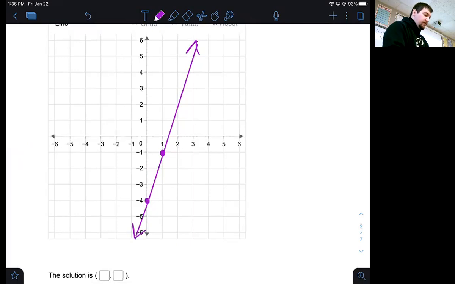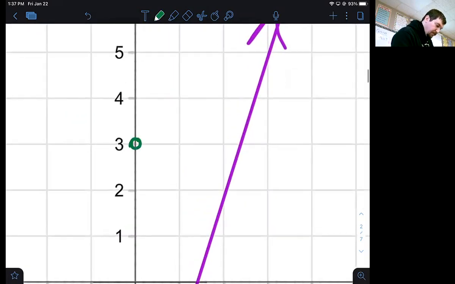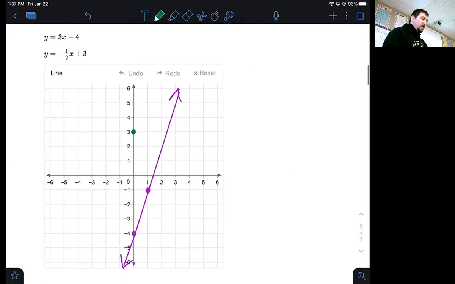Okay. Caitlin, what about the second equation? What's its y-intercept? Okay. And where would I find another point on that line? Not 1, -1. You went down 2/1.